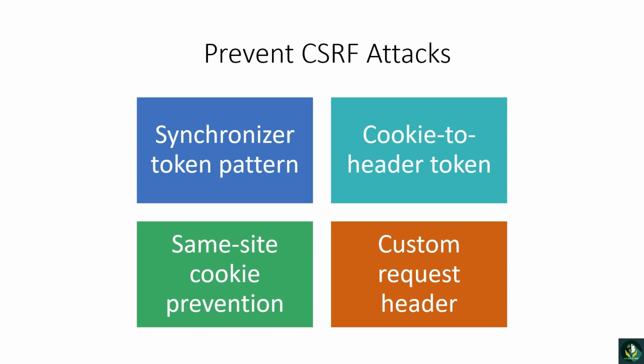If the tokens match, then the transfer occurs. The attacker has no way to access the random token value created in the web pages, and if they request the page, the same origin policy would prevent the attacker from reading the responses. And that is the synchronized token pattern.